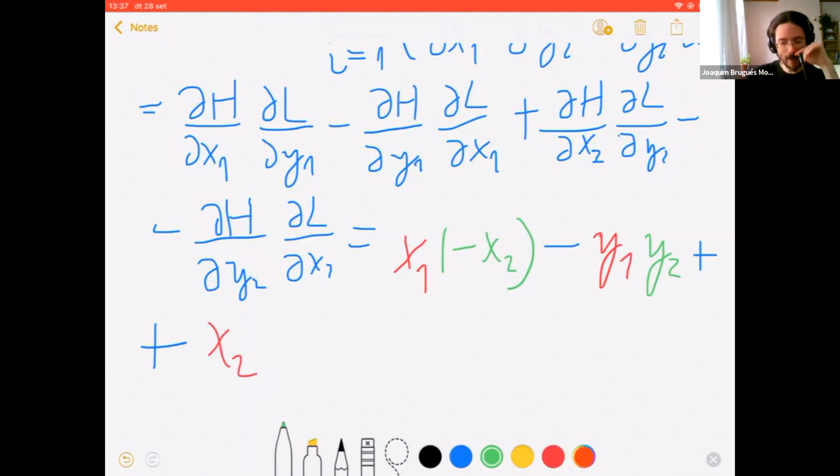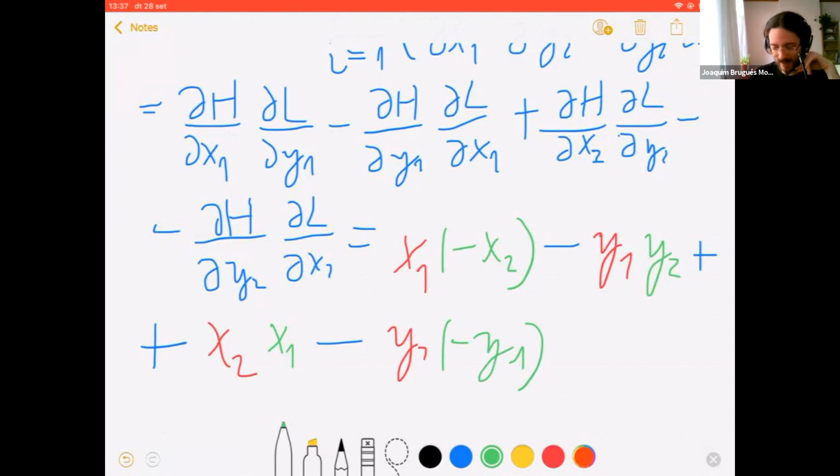The partial of L with respect to y2. This is the positive component. It's the other one. So this is x1. Finally, minus the partial of h with respect to y2. This is y2. And the partial of L with respect to x2. This is minus y1. Hopefully, everything is all right.